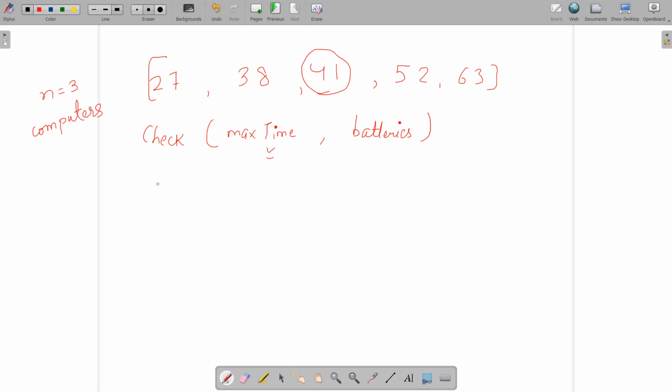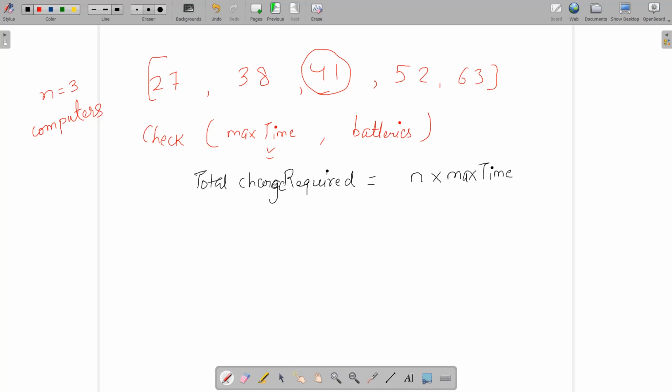So what will be the total charge required? If max time is the time all the n computers run simultaneously, the total charge required will be the number of computers times max time. Up to this, everything should be clear.